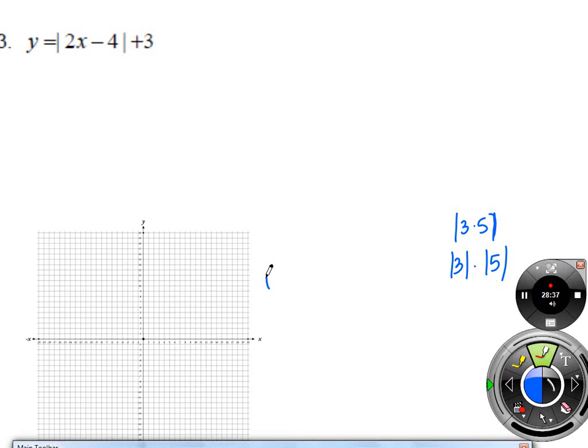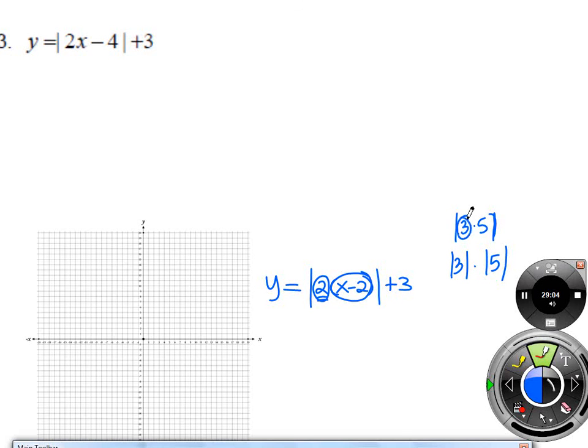So basically what I would want to do, since I don't like that 2 there, is I would want to rewrite what's inside the absolute value function by factoring out, it's still within the absolute value, but I factored out the 2 because I don't want any number in front of x inside there, right? That didn't fit our format, okay? The reason this helps me is because this is a 2 being multiplied by an x minus 2.